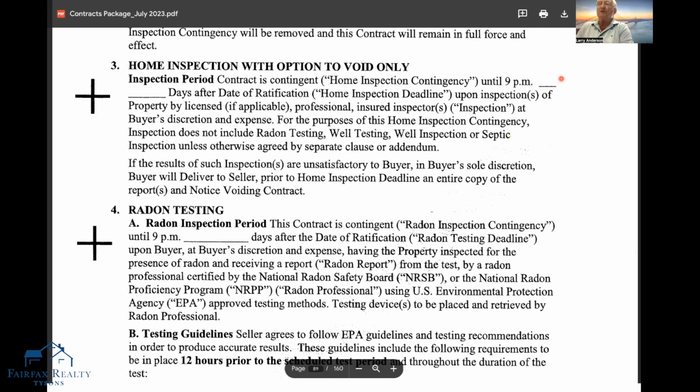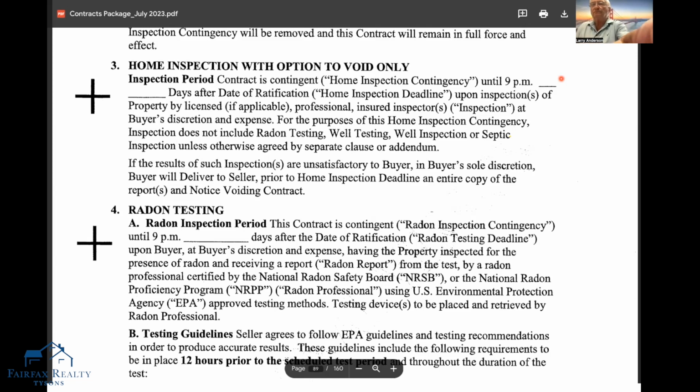Now they don't have that out for that POA or condo. But if there is a POA and condo, that's what I've found home inspection with option to void really means. Okay. Any questions?